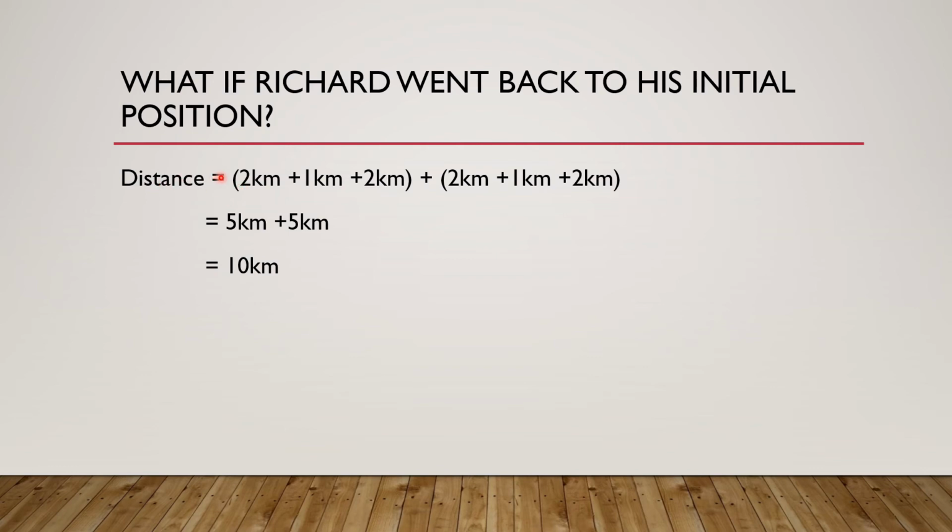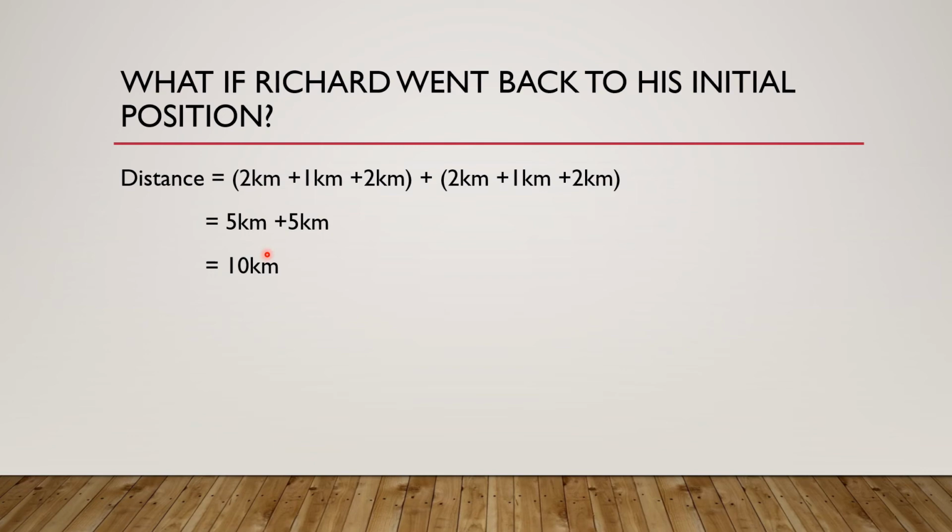So, distance is equals to 2 km plus 1 km plus 2 km. Ito yung ginawa niya pauwi sa bahay niya. Ngayon, bumalik siya papuntang trabaho niya. Magdadagdag ka na naman ng tinravel niya. Another 2 km plus 1 km plus 2 km. Therefore, meron kang 5 plus 5 is equals to 10 km.